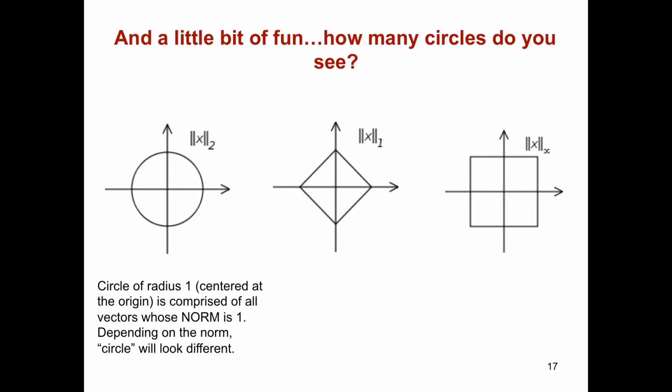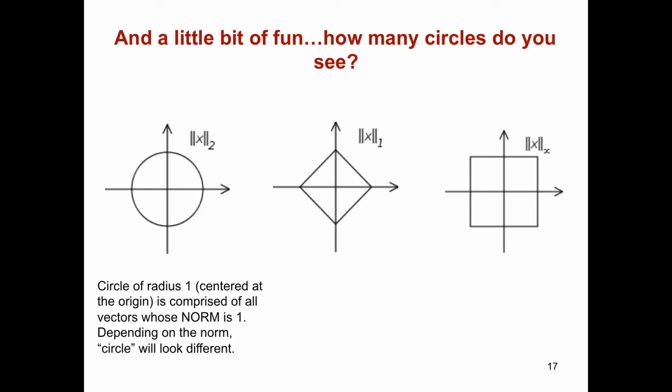Okay. This point is 1, 0. 1 plus 0 is 1. So that's on a circle as well. 0, 1, that's on a circle as well. -1, 0, absolute value of -1 is 1, plus 0 is 1. That's on it as well. -1/2, 1/2, that's on that circle too.